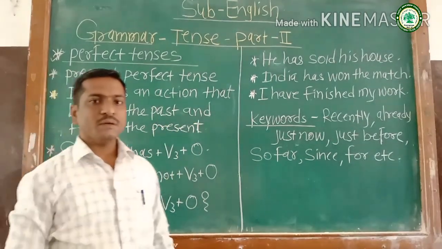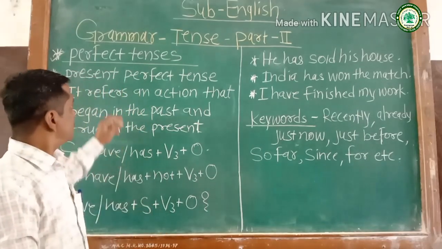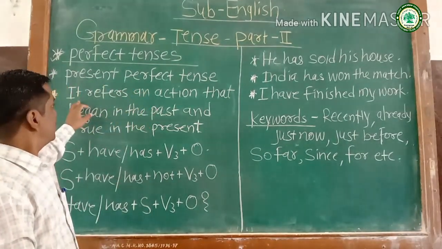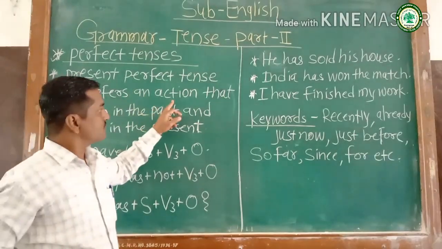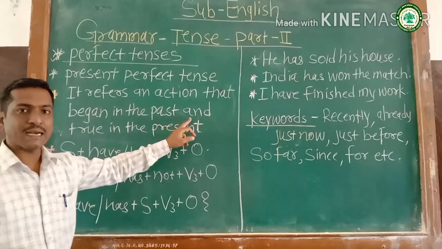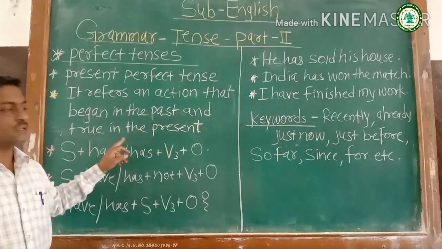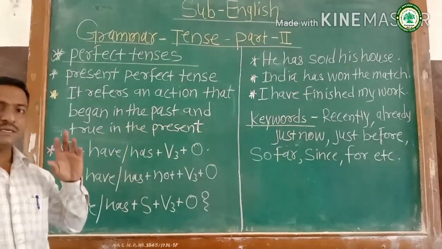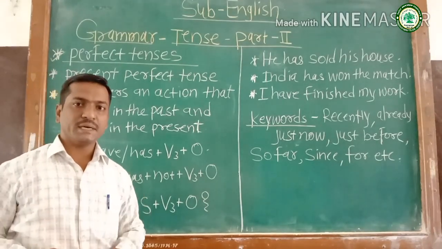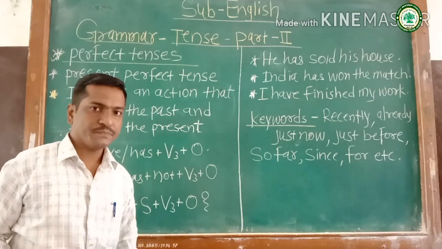As we know, present perfect tense, as its name suggests, refers to an action that began in the past and is true in the present. It means that in this tense, the action is already completed or already fulfilled.